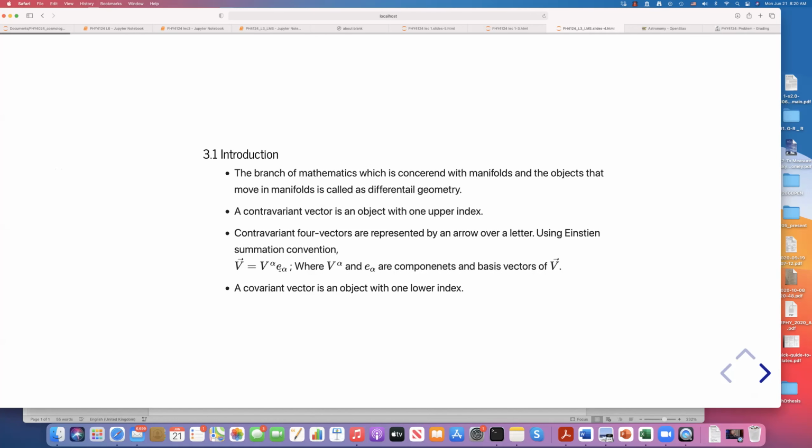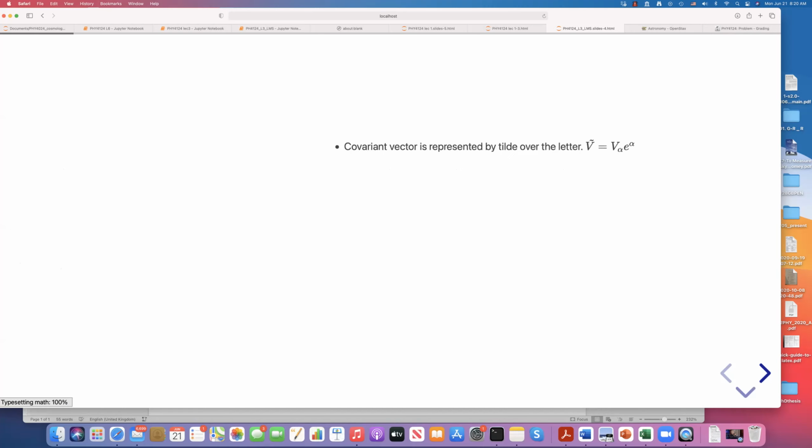Now, when you have a contravariant vector, you have V alpha as the upper index and E alpha as the lower index, right? But for the covariant vector, alpha is the lower index on the component V alpha, and this basis vector has the upper index right here, E alpha.